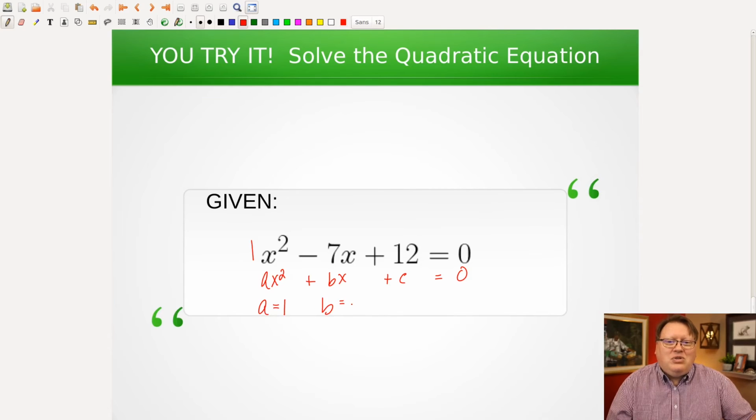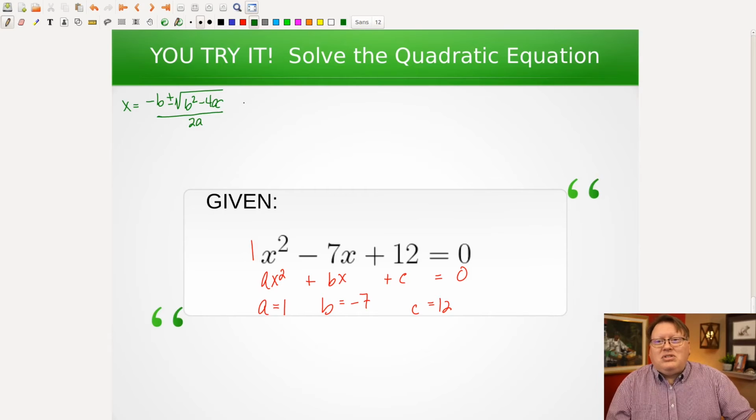Our b is equal to a negative 7, and our c is equal to a positive 12. So now we want to write down our formula. Okay, so our formula is x equal to the opposite of b, plus or minus the square root of b squared minus 4ac, all over 2a.